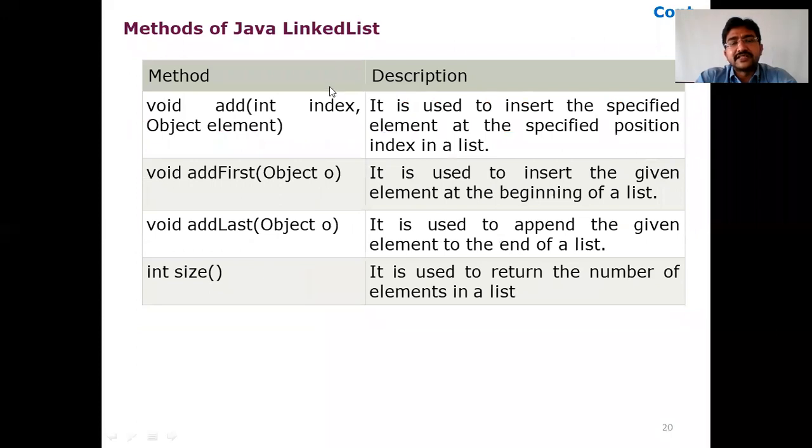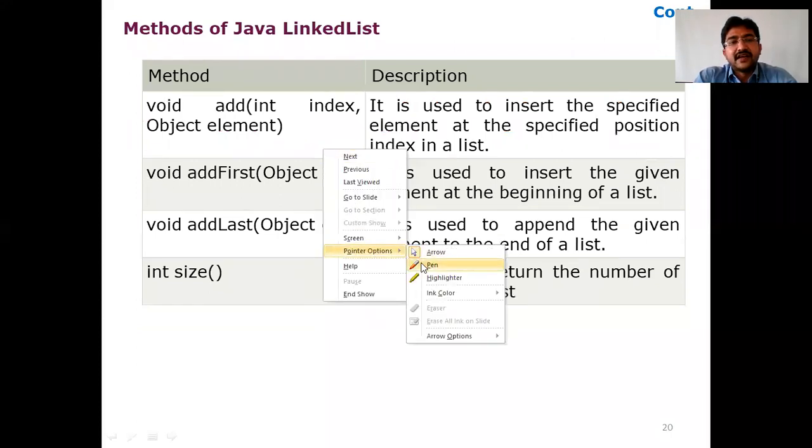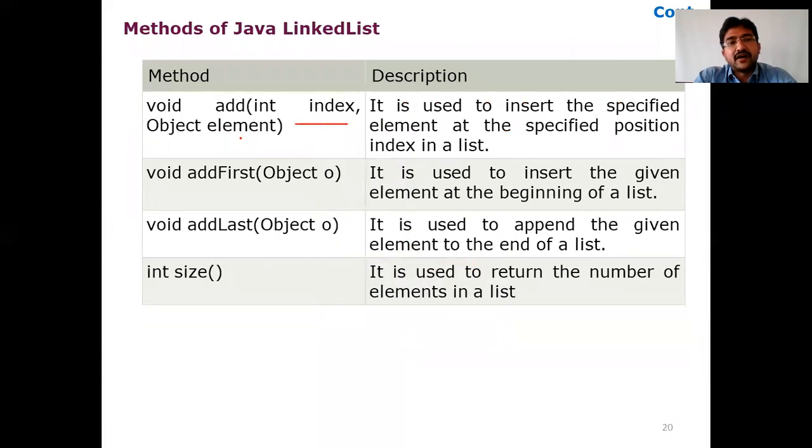And coming to the methods, like in the array list we have add. Here also we have add(index, element). So add(1, "a"): a will be added at the first position. It inserts the specified element at the specified position, index, in the list. If you want to add at the starting, you can use addFirst.